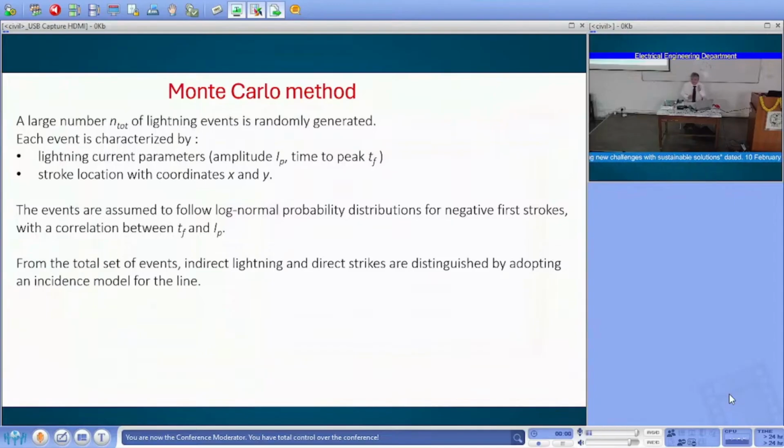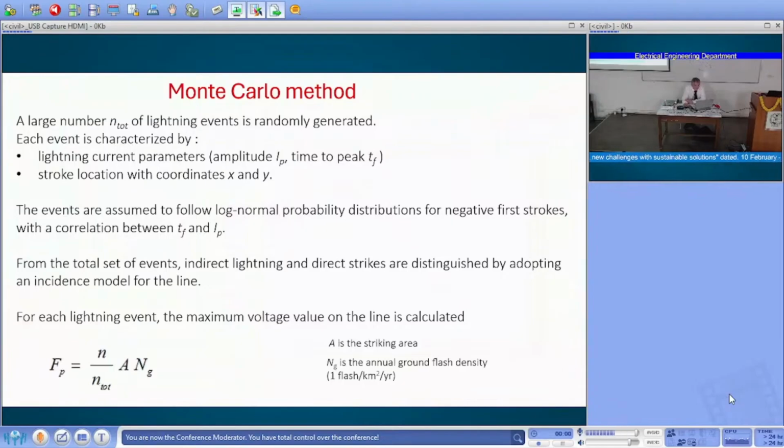In general, if it is a direct lightning, the important aspect is the current. If it is indirect lightning, the important aspect is the electromagnetic pulse that is created by this stroke that propagates along the channel. And for each event, we calculate the maximum voltage in the line, and we count the number of voltages that are above the insulation level with respect to the total number of events.